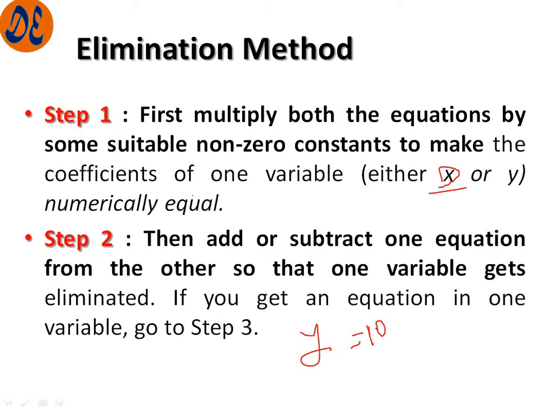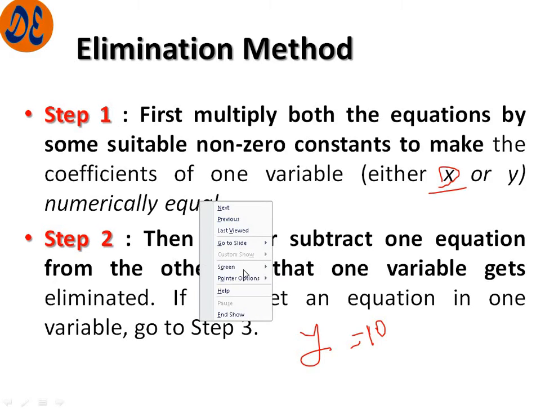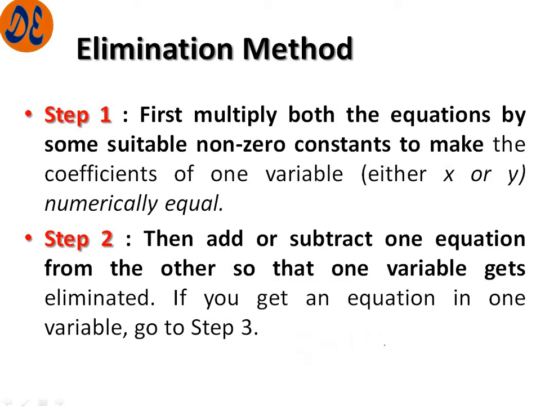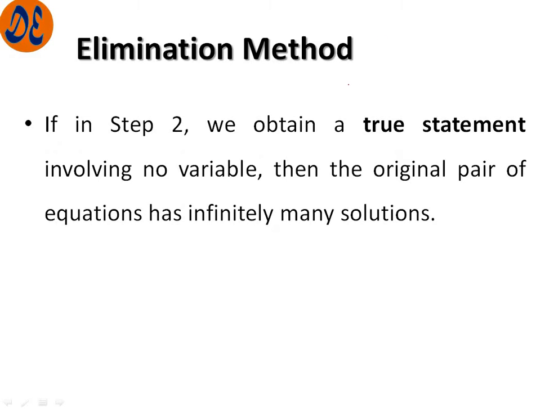Now if this situation is not there, then there are two more situations. Situation number 2: we obtain a true statement. That means in the resultant equation there is no variable; both x and y are eliminated.